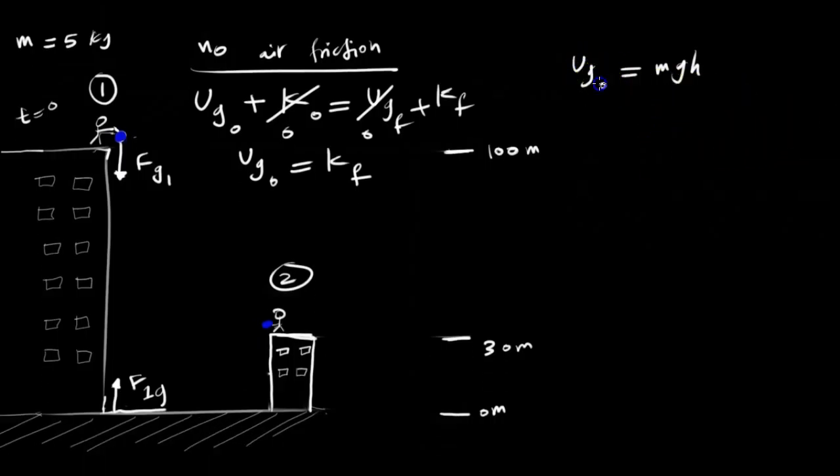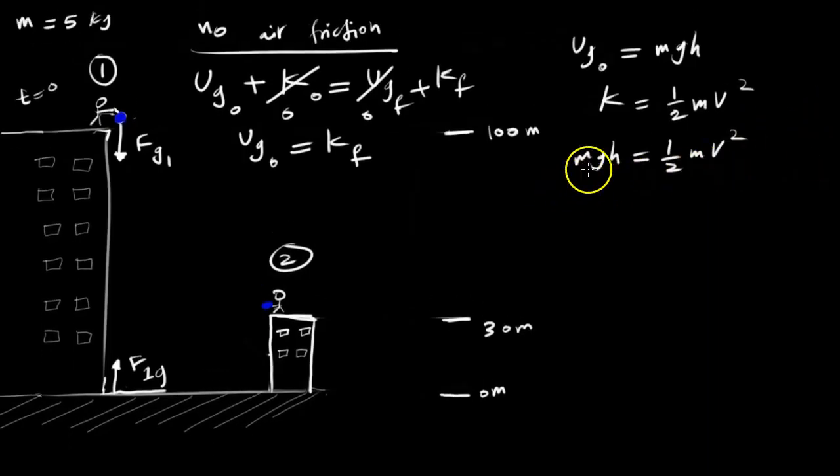The kinetic energy we know is going to be 1/2 mv squared. What this is saying is that the energy initial must be equal to energy final, so mgh must equal 1/2 mv squared. So I'm going to solve for mgh.